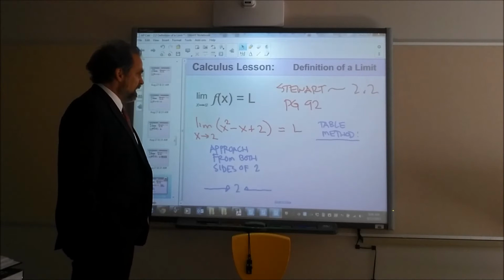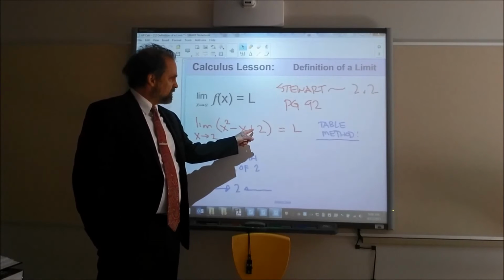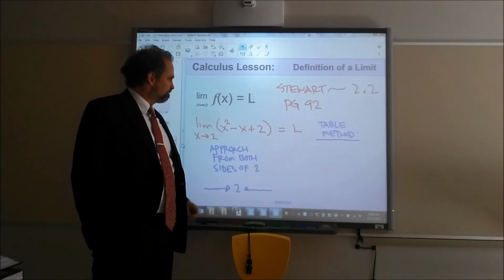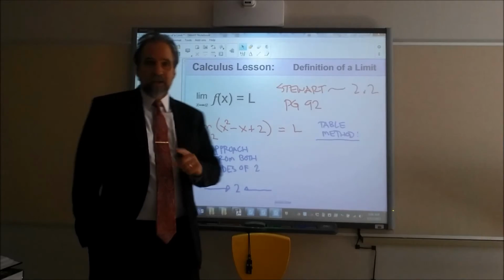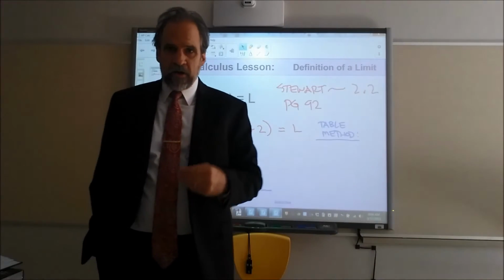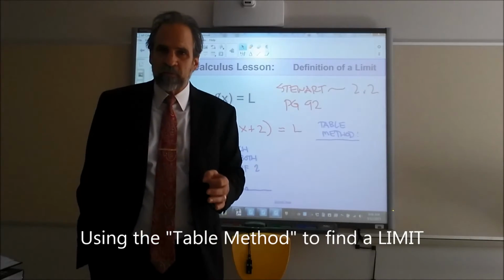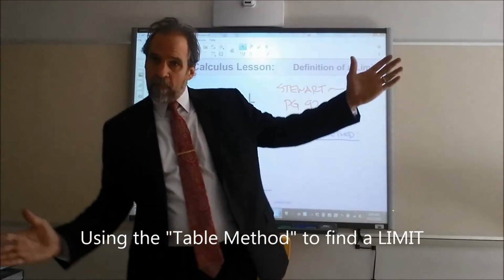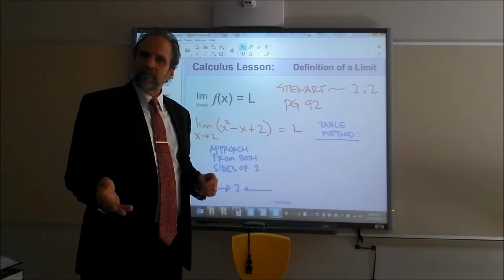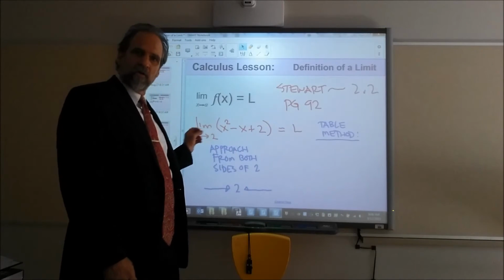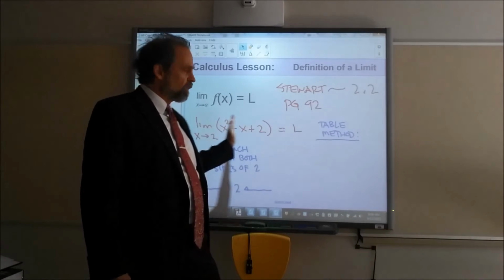All right? Now, let's take a look at this. I went back to change it a little bit to plus 2. Okay? So we're going to do the table method, because the table method is for when you can't just plug it in and get an easy answer, and you're not sure what it's approaching, and so you want to look at it from both sides. Remember when I'm inputting x values, if I go from left to right, my x values are going from negative toward positive, right?